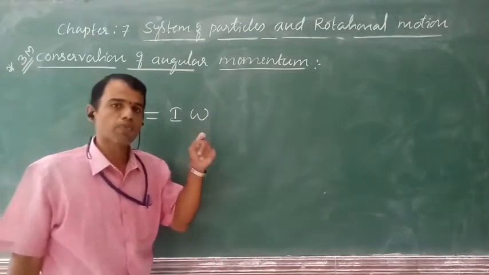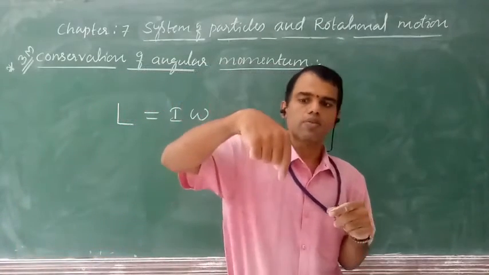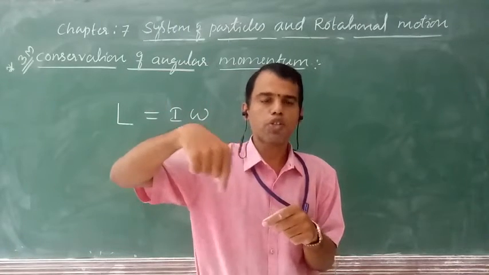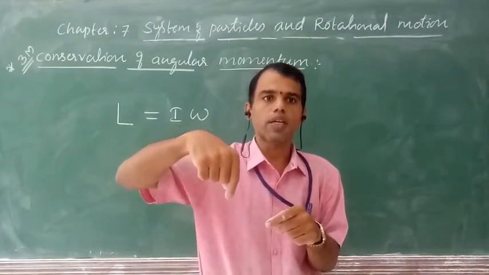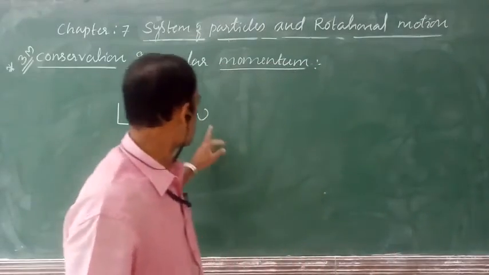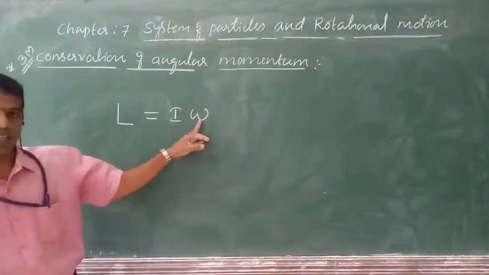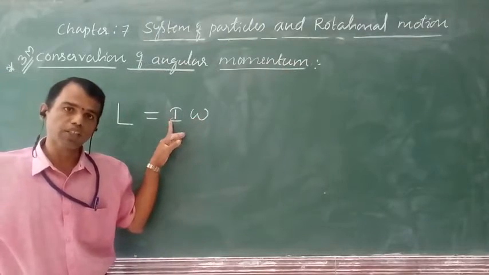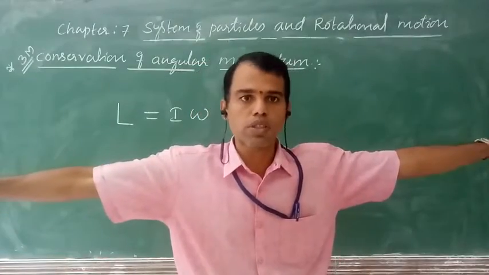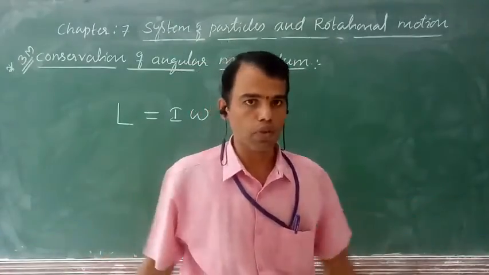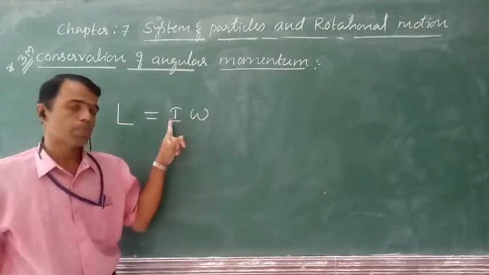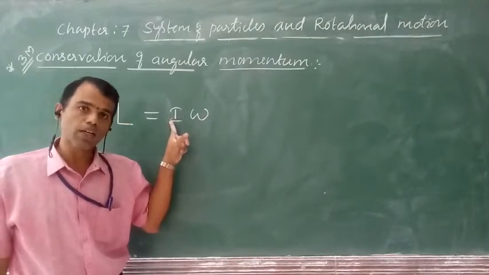Even in the case of a ballet dancer, a performer performing a large number of rotations on her toe, the angular velocity is very large and the moment of inertia is very small. If the dancer stretches her arms outward from the axis of rotation, then the angular velocity decreases, because in that case the moment of inertia increases.